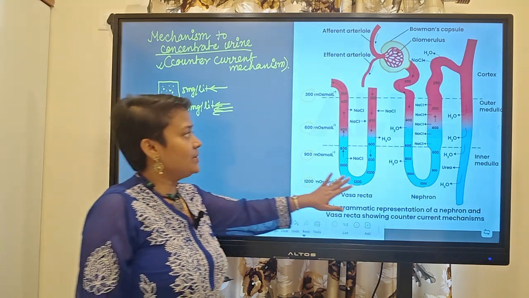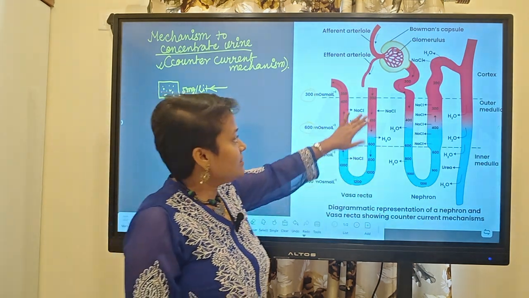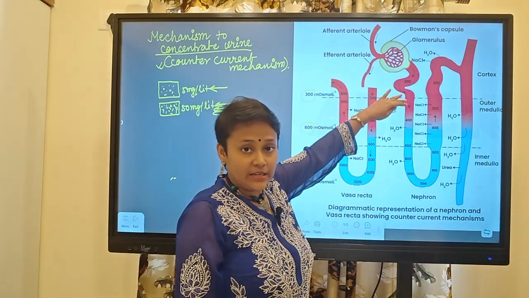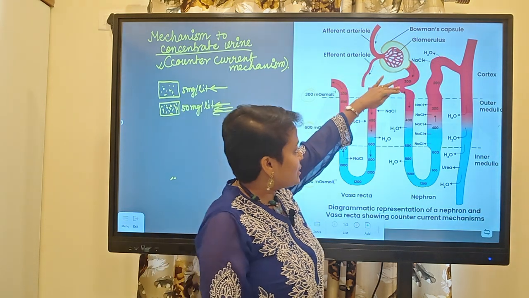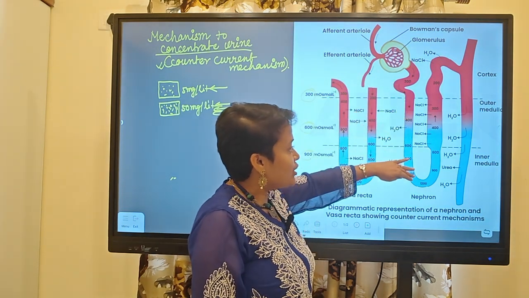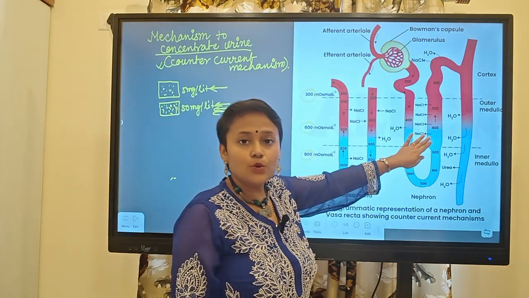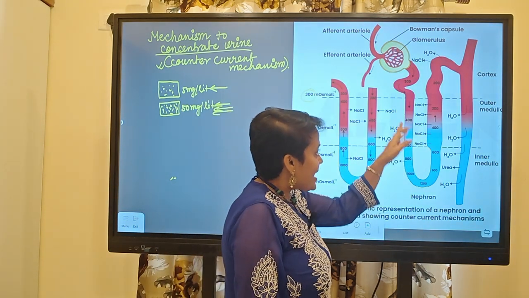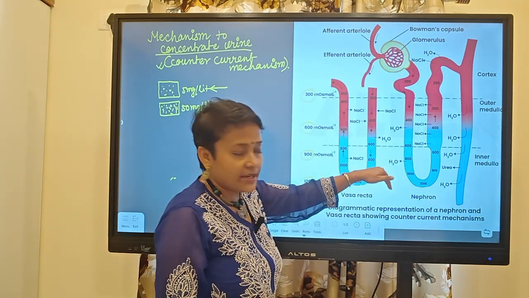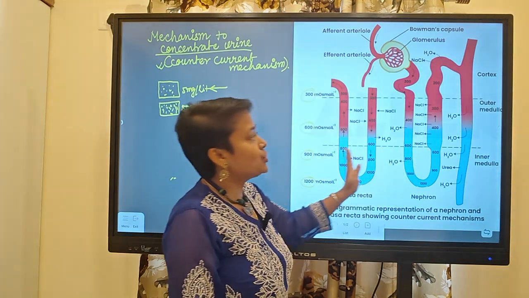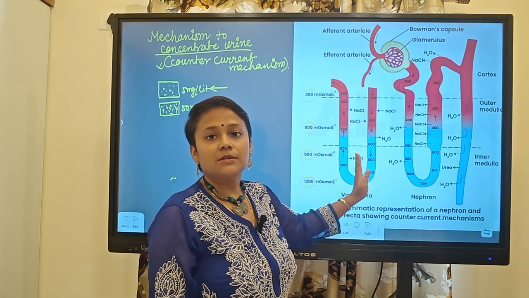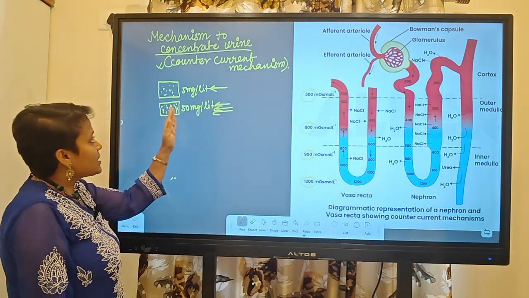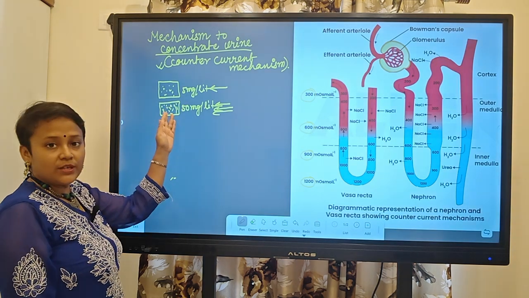The same thing will happen here when the filtrate, not urine, goes deep down into the Henle's loop. As the concentration becomes higher, more water will come out. Here, water will come from the outside to the inside.